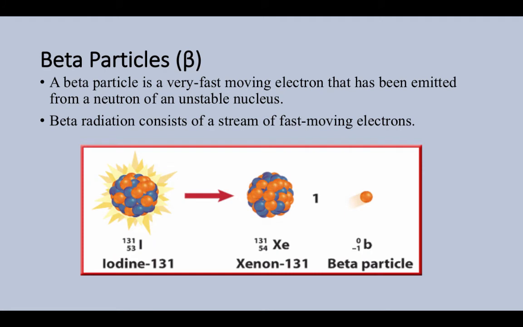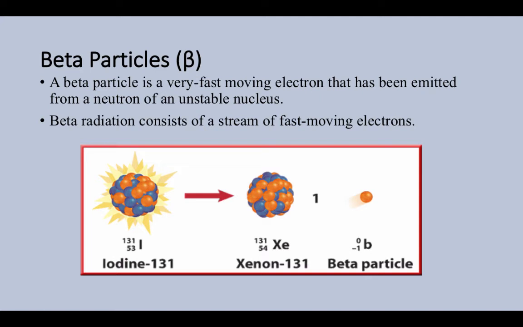Beta particles are a little interesting. If you look at this example, iodine 131 undergoes beta decay. It loses a beta particle, and you can see that the beta particle symbol is 0, negative 1, b.